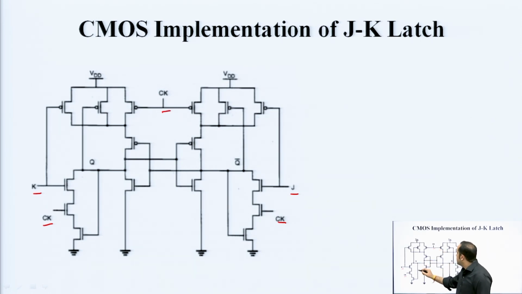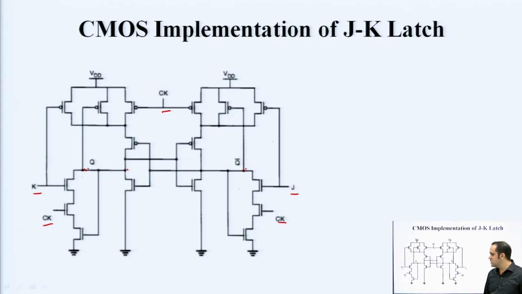This point is giving you Q output and this point is giving you Q bar output. Q is applied as an input to this circuit, Q bar is applied as an input to this circuit here. See, the circuit density has slightly increased, the number of transistors has increased, but then you also solve that problem of what happens when both the inputs are 1.